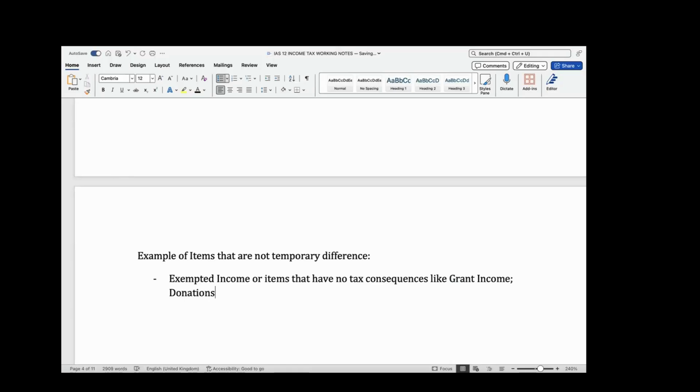They have no tax consequences. So when you have items like this that have no tax consequence or they are exempted, these items are a permanent difference, and it has no deferred tax consequence.